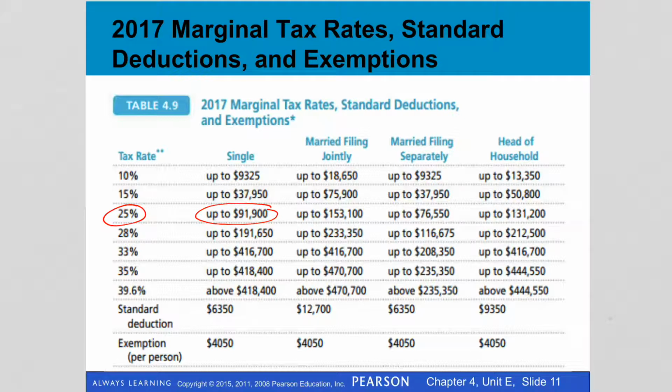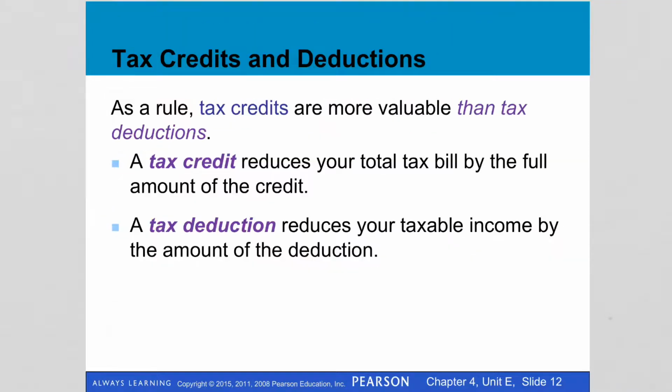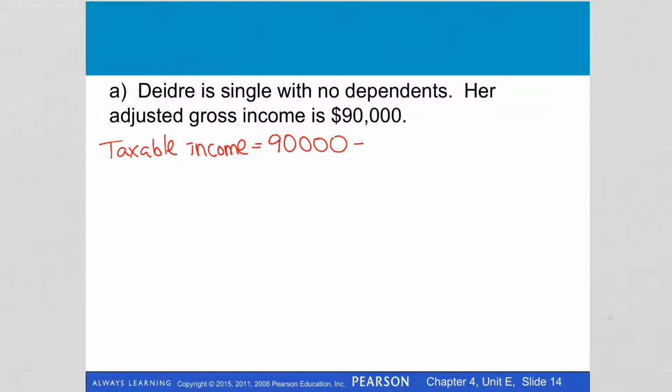Okay. So, since she's single, she gets this deduction and this exemption. So, we subtract off the $40.50 and $63.50 so that her taxable income is $79,600. Then, we figure her income tax.